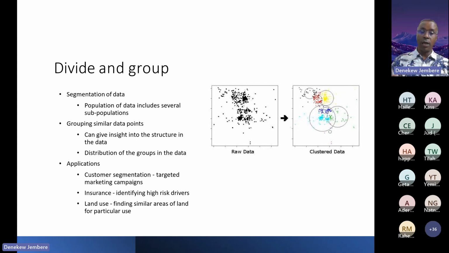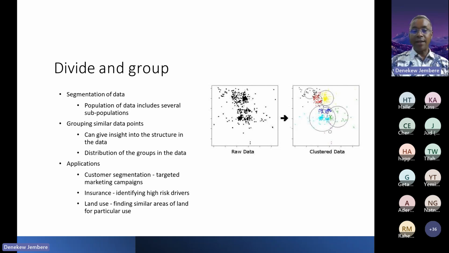Or if they are doing a discount for a certain group of customers, and you don't belong to that group targeted for the discount campaign, then you won't be given it, because you are already clustered as part of the group of customers who are not eligible.